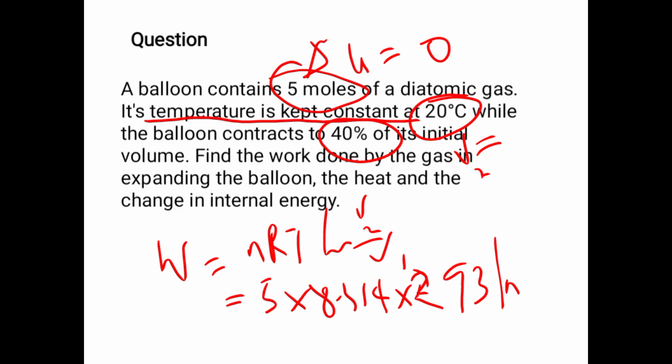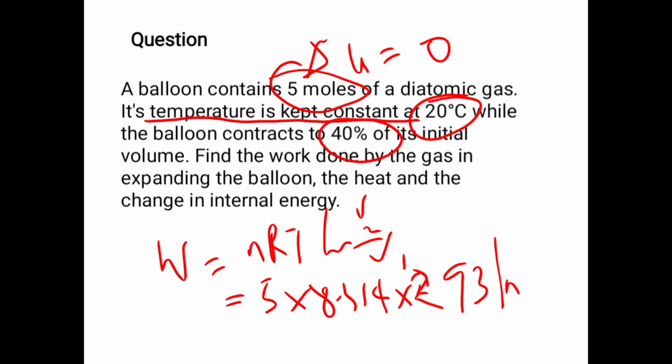Are we going to say V1 minus 40% of V1, or 40 over 100 of V1? Sorry, this is not correct.